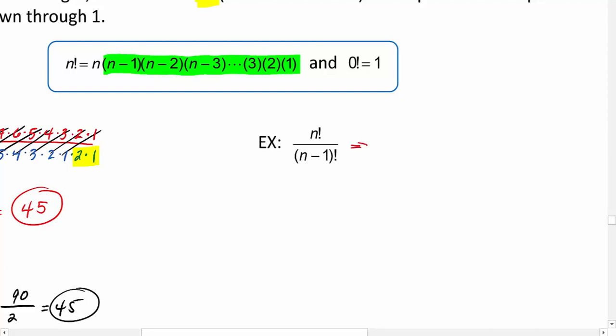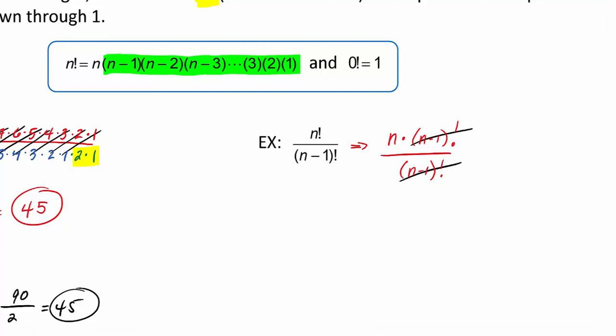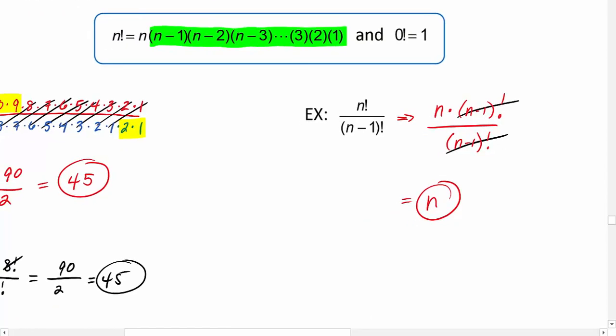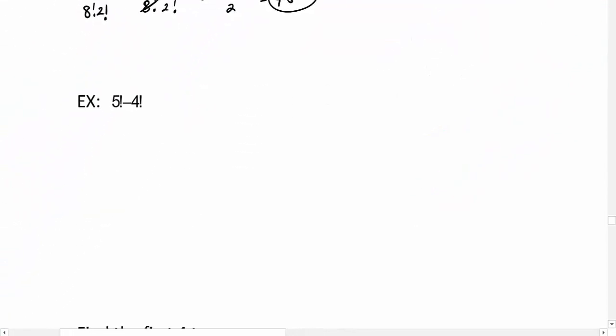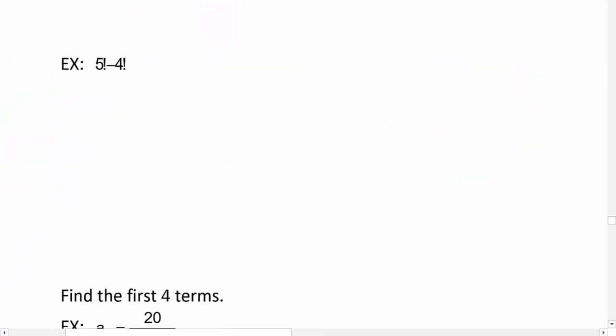N factorial is equal to n times n minus 1 factorial. And then we can just cancel those n minus 1 factorials without having to write so much stuff out. This simplifies down to just being n. So that works when we're dividing. If it's any other operation, we've got to just write it out and do the factorial.